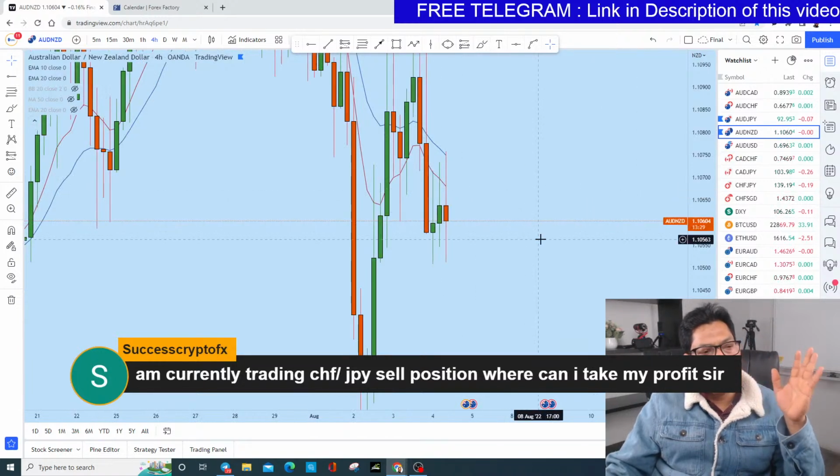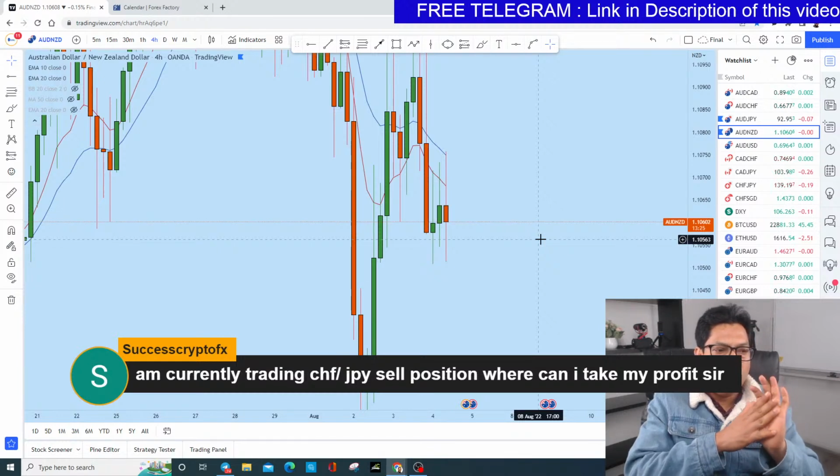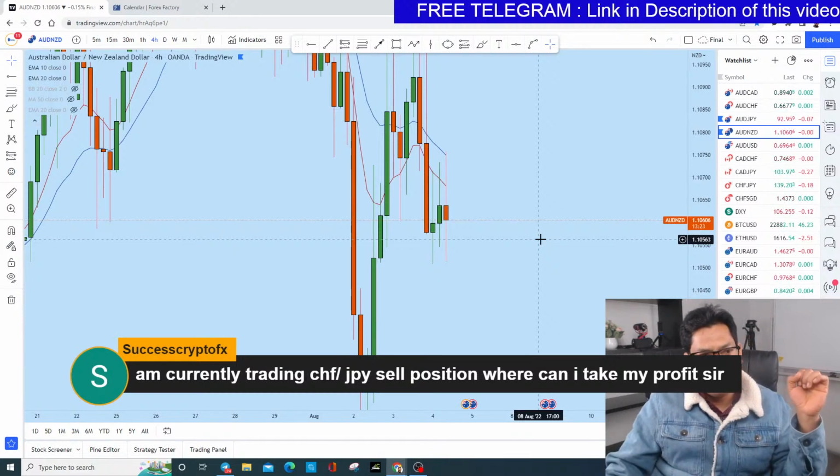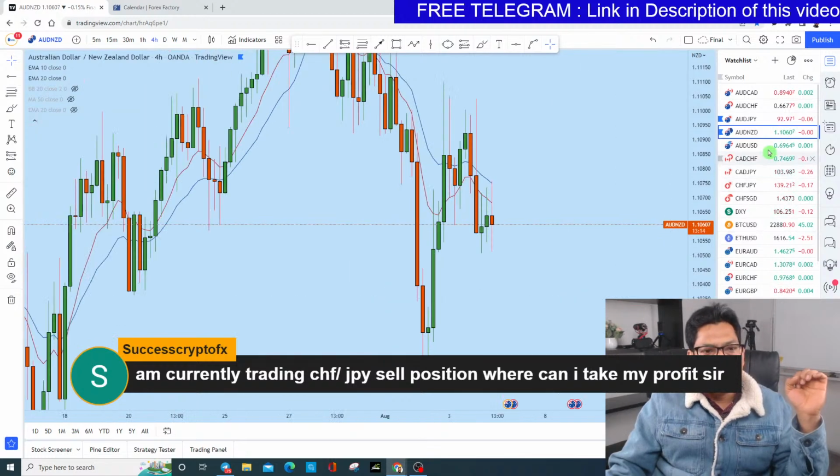You see that AUD NZD first needs to close as a very strong bearish engulfer, then we can say that okay, we can trade it. We can use a pending order because the price will probably go up again. It doesn't mean that it will drop from here.